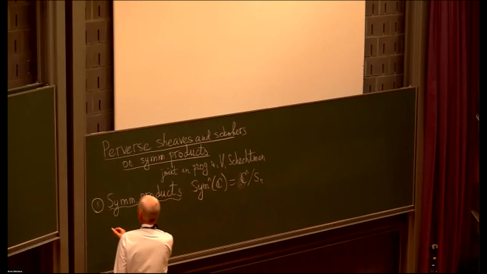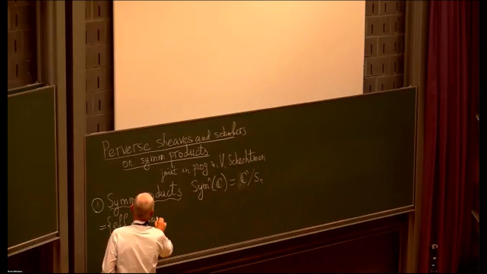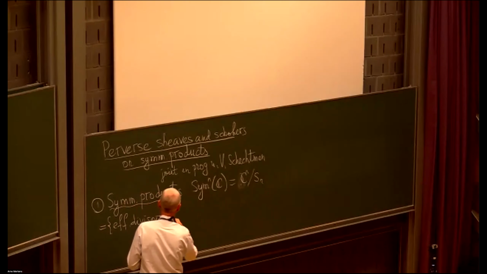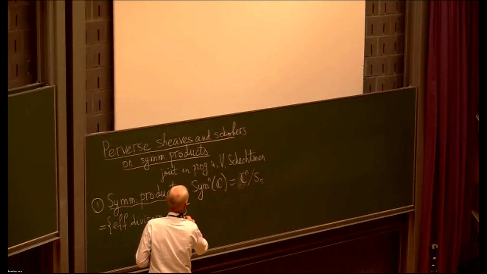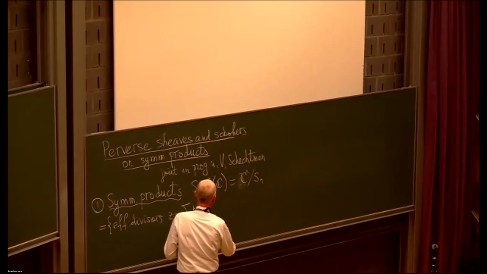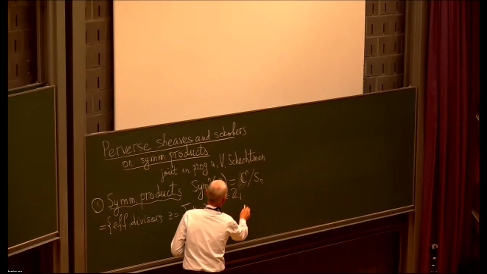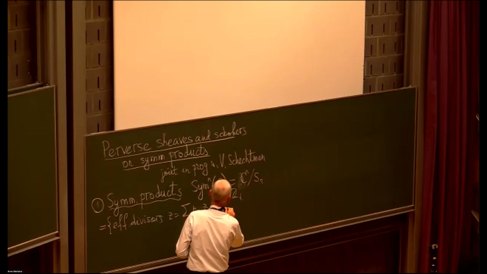It also can be seen as the space of effective divisors of degree n, Z equals sum of multiplicities times z, where coefficients are non-negative integers, and summing up.